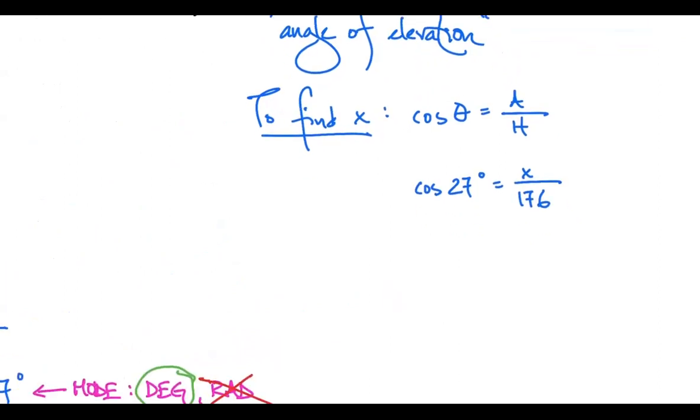So same idea here. How do I isolate the x? Good. So we'll get x equals 176 times cosine of 27 degrees.